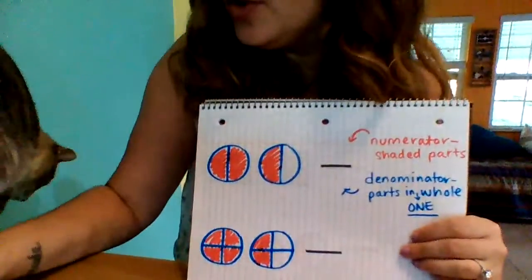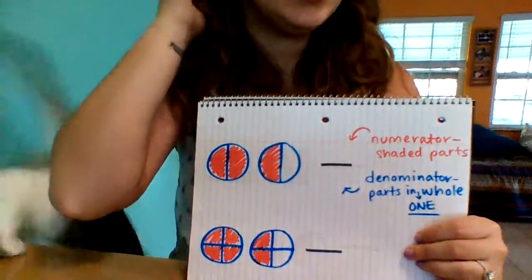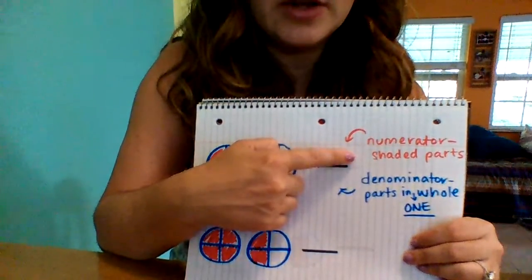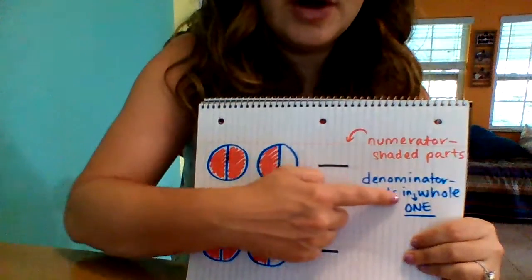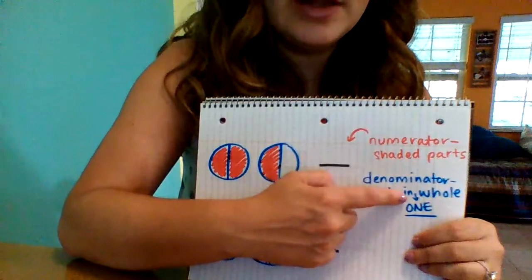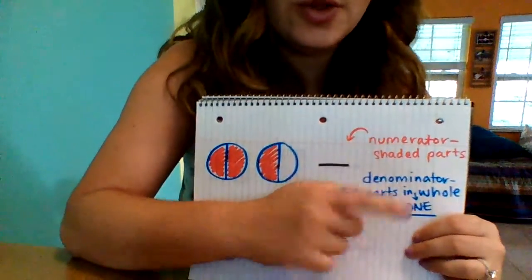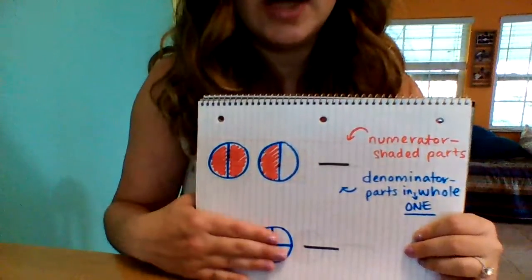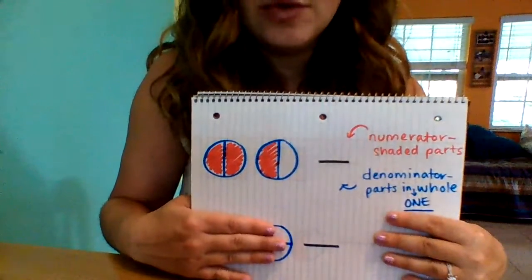Your numerator and your denominator, the definitions have not changed. Your numerator is still the number of shaded parts in a model, and your denominator is still the number of parts in one whole. That's very important. So let's go ahead and write a fraction for this first model. We have 2 circles.